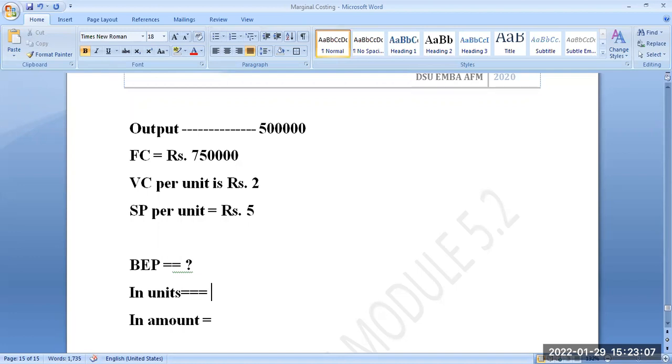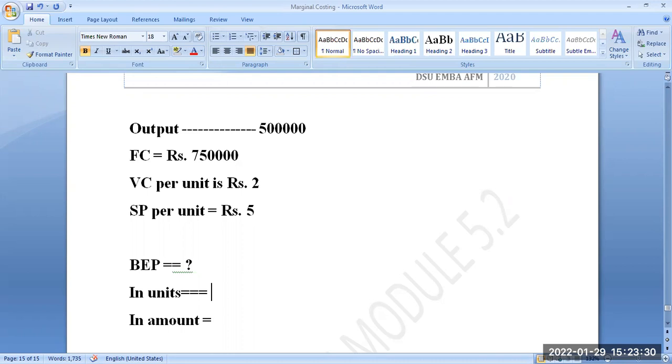In amount, it will be 250,000 units into selling price per unit, 5 rupees. 12,50,000. Yes.